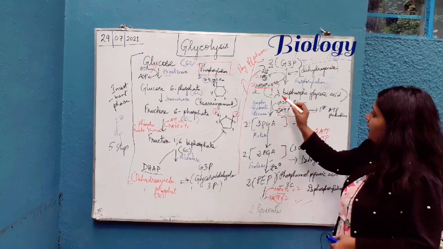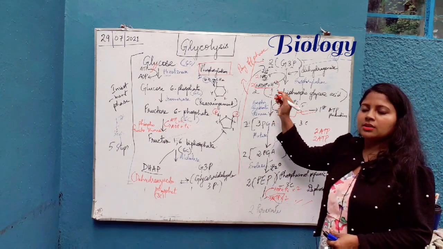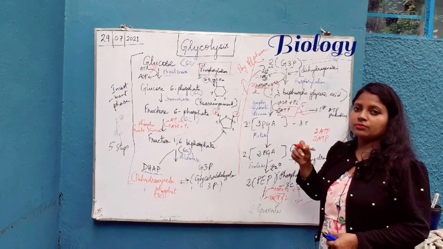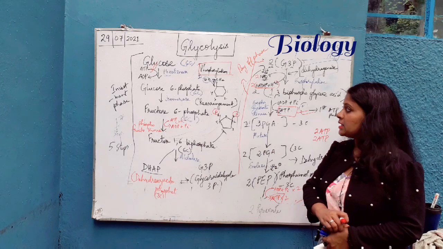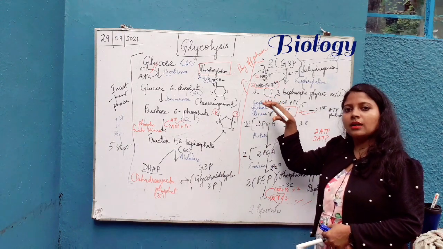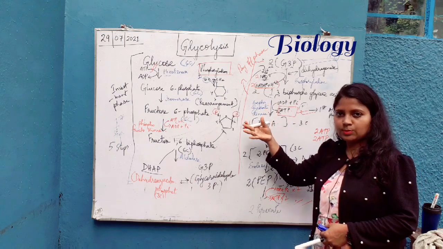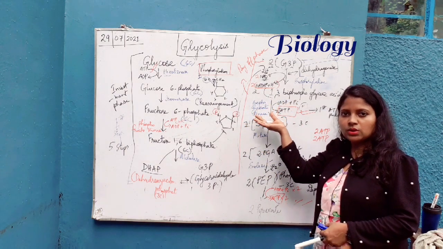Clear? Now, the NADH which has been produced, 2 here, produces more energy, but not now, it has to enter the electron transport chain. After undergoing the electron transport chain, it comes back to here.